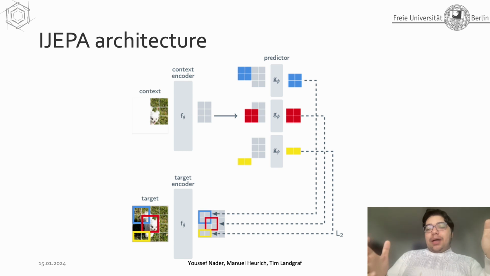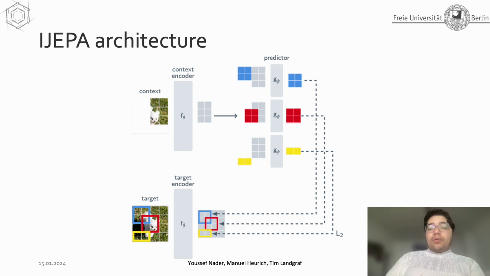So I-JEPA, or JEPA for images, is very similar to this sort of charades game. We have a network, a context encoder, that will take only certain parts of the image.